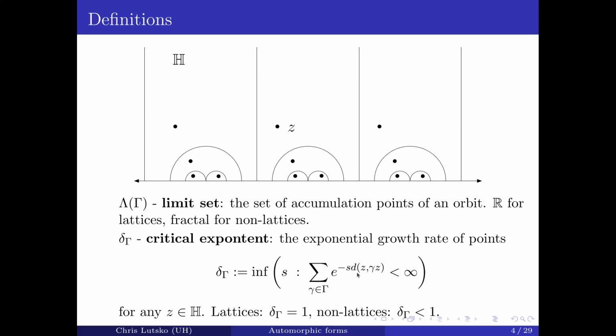And the first time this converges, that gives you your delta. If you have a lattice, then delta gamma will be 1. And if you have a non-lattice, then delta gamma is less than 1. This just comes from a sort of volume calculation.